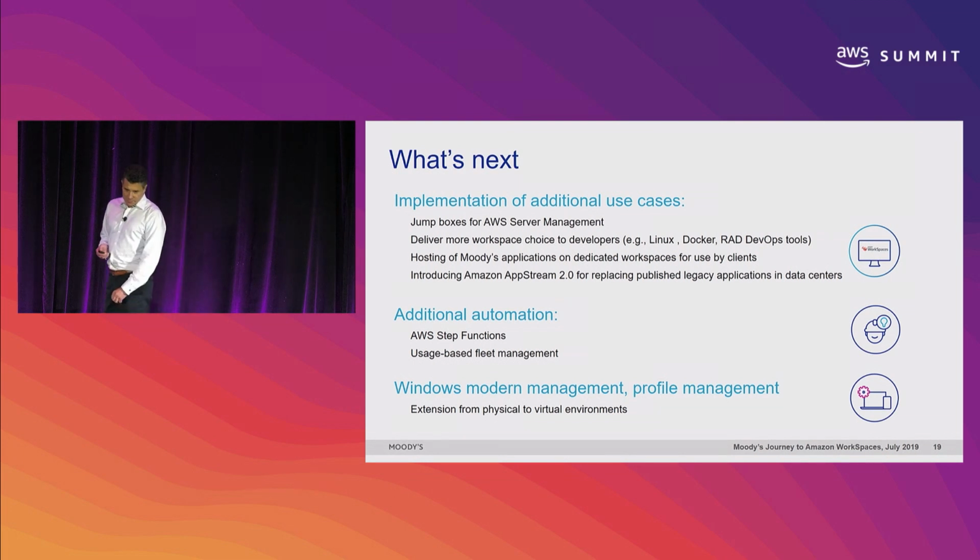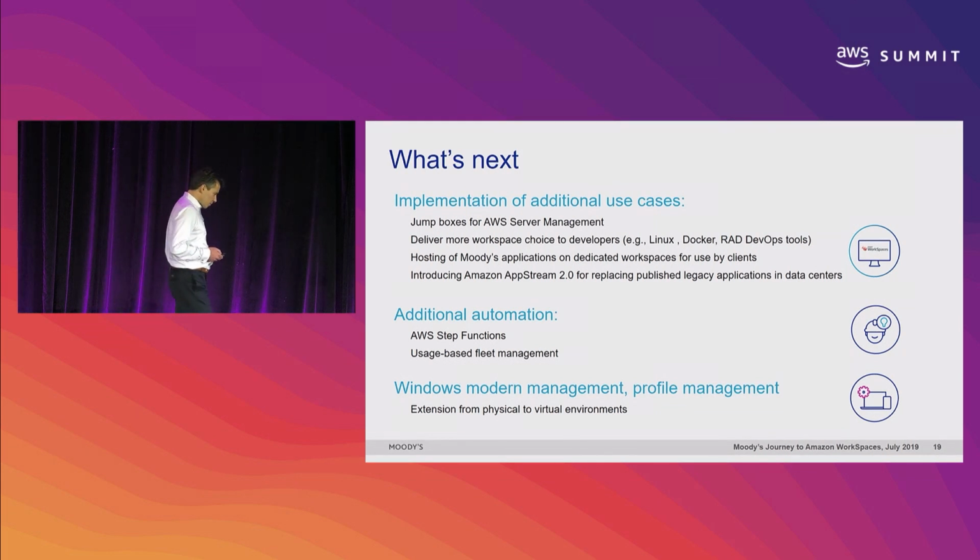So last but not least, what's next on our journey? We are going to implement additional use cases. We will use WorkSpaces as jump boxes for managing AWS servers. We will deliver more workspace choice to developers. We will implement Linux on WorkSpaces that will enable them to use Docker or rapid application development and DevOps tools.